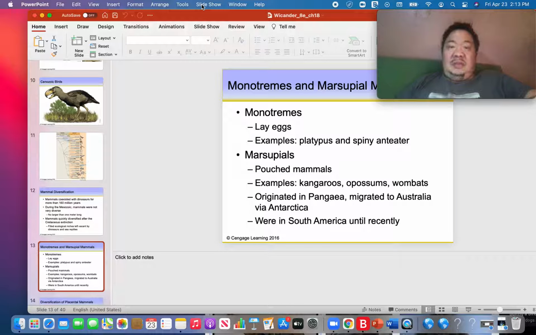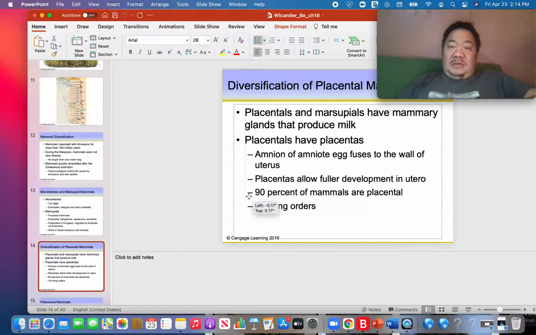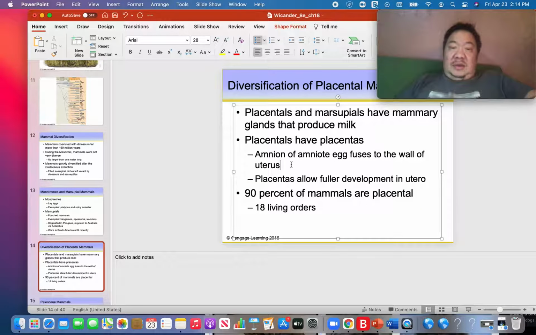That's why the placentals survived, because they had an advantage, and that advantage is the placenta. So here you can see it. 90% of the mammals are placentals, and placentals have an advantage because the baby can grow into fuller development in the uterus.